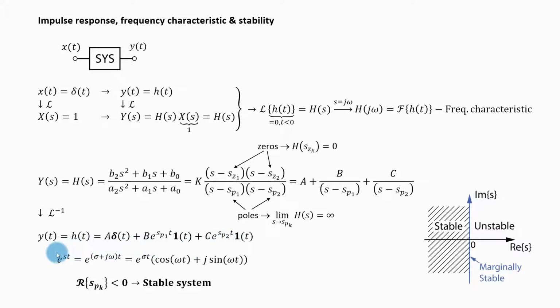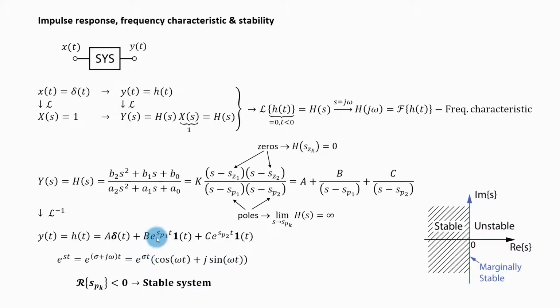Remember, when you have a complex exponential, where this s has real and imaginary part, you can write that complex exponential like this, and you need this real part to be negative for this whole thing to approach 0 with increasing time. If this sigma is positive, this expression will be ever increasing in absolute value.